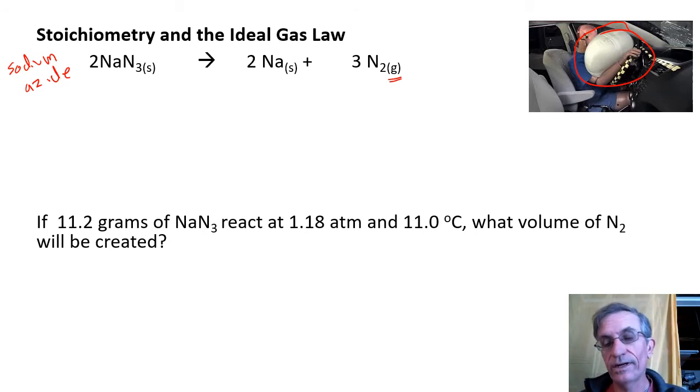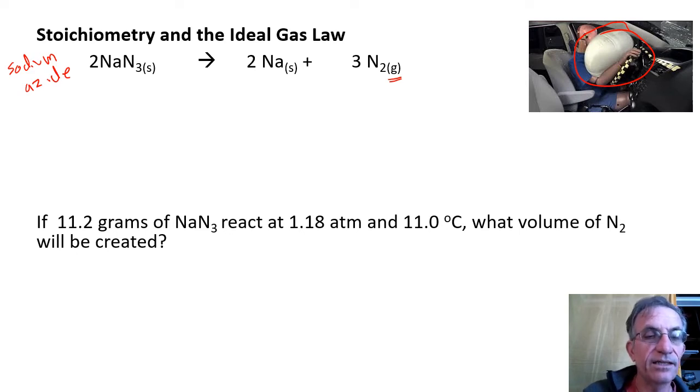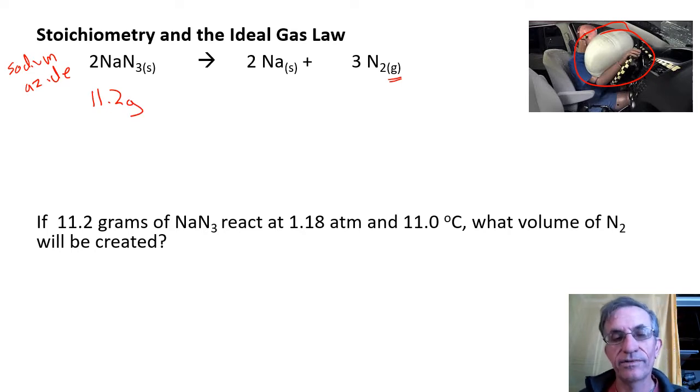And that's what this question is all about. It says if you start off with 11.2 grams of sodium azide, and they tell you the pressure and the temperature, what volume, in other words how many liters, are we going to make? So the way to figure this out is basically stoichiometry.